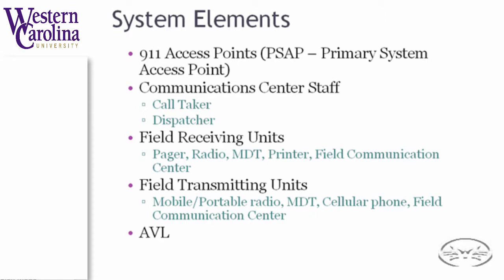All of these things would be classified as field receiving unit components, as would the next list be considered as field transmitting unit components. This might include mobile radios, portable radios, again, mobile data terminals, cellular phones, field communication centers. And then the last thing I have listed is AVLs, or automatic vehicle locators.